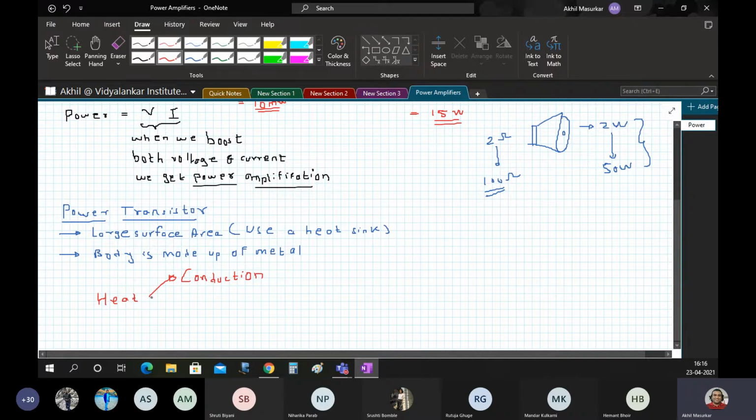So I will call it conduction. Then it is called what? Convection. And what is the third? So probably radiation. Correct. So that is called radiation.